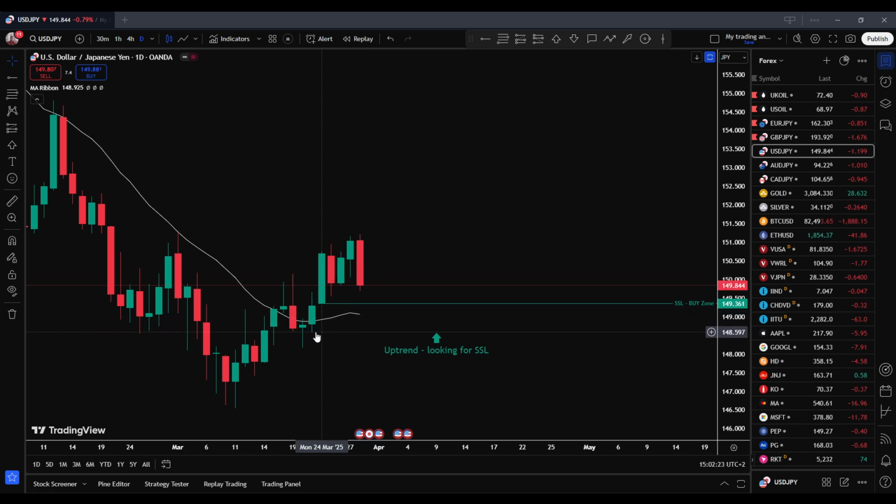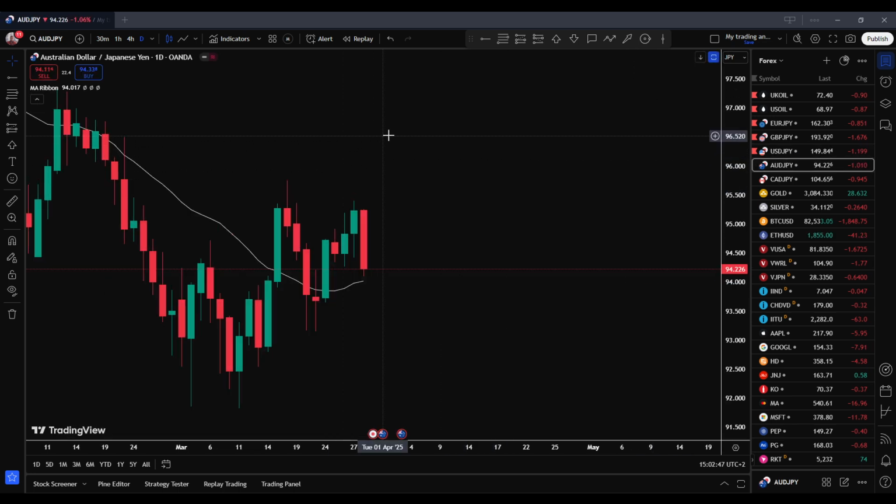This one here is invalid because this bar is touching the moving average. For my strategy, this is an invalid bar. That's the reason why I will use only this one here. And again, waiting for a reversal structure when the price hits this zone.